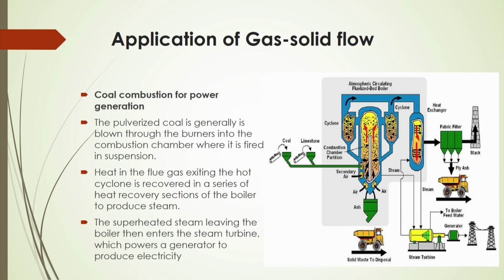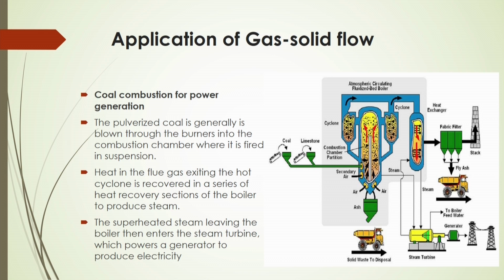You know that propylene, propane, even other products can be obtained by this coal combustion. This coal combustion is also done to produce steam, and that steam is useful in a steam turbine for generating electric power.